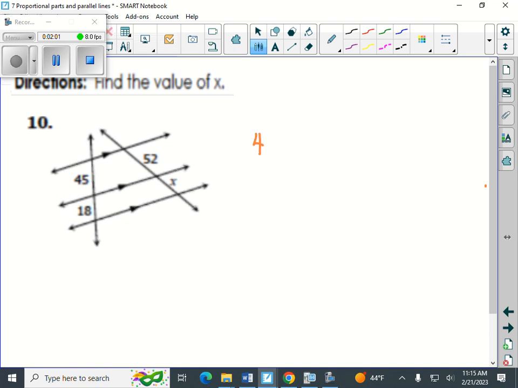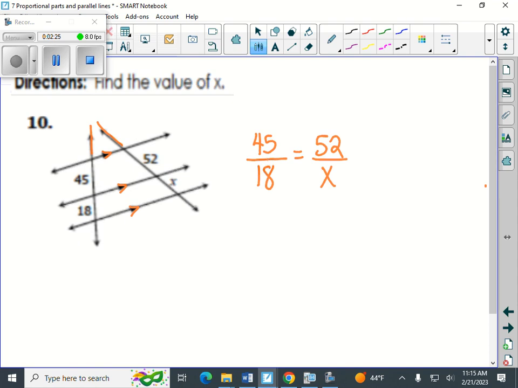Let's say 45 divided by 18, because we have three parallel lines cut by two transversals. I know I didn't color in the entire transversal. So we've got 45 over 18 is proportional to 52 divided by x.